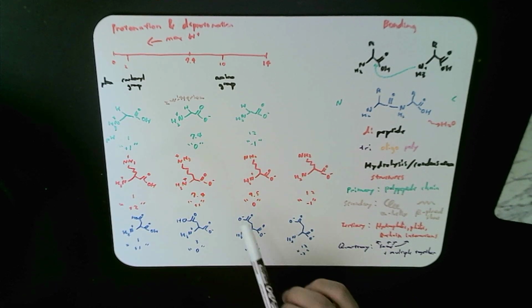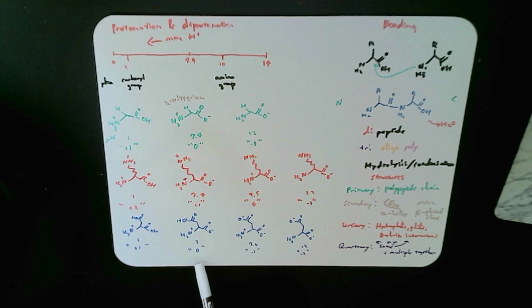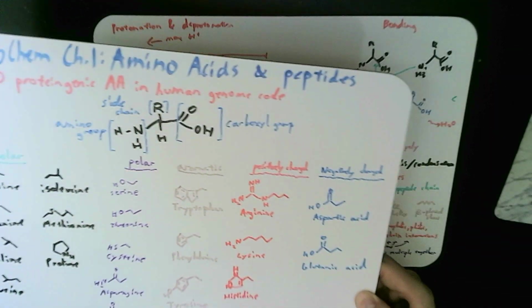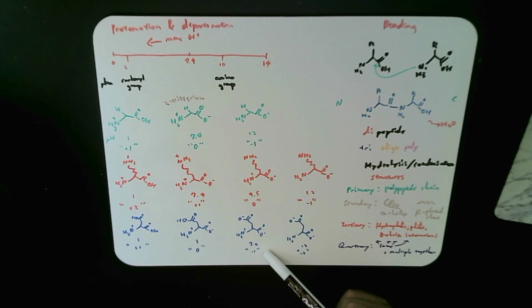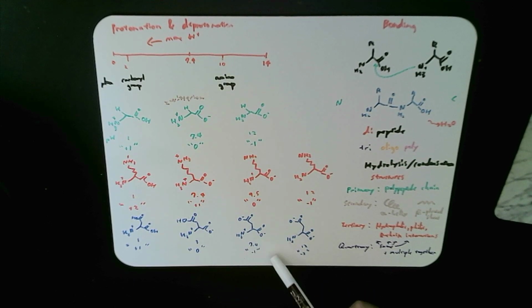And so conversely, for your negatively charged, you can see that here we have aspartic acid, and at physiological pH 7.4 it's negative.